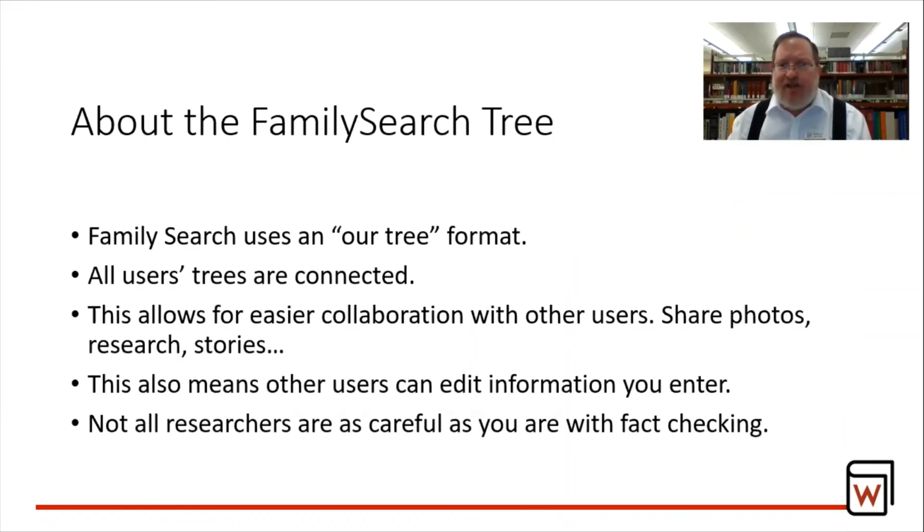Now, FamilySearch Tree, there's a new movement afoot to use what we call a one-tree format, a uniform type of tree where it's not individuals publishing trees, but one big tree. You basically start a tree or you find there's a tree there and you add to it, and it allows us all to input to the same tree.